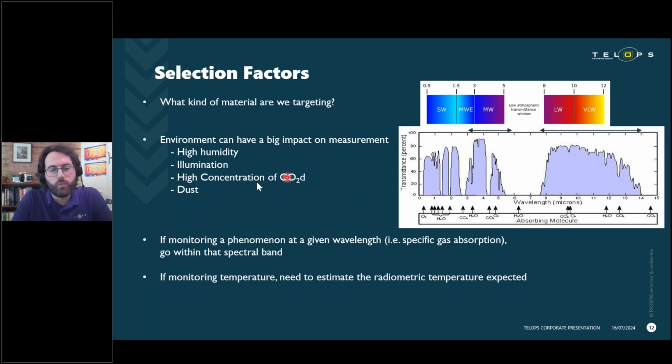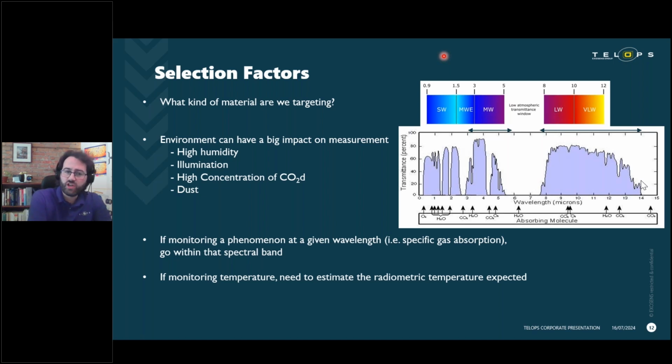When you select an infrared camera and the spectral band dedicated to that camera, you have to understand what kind of material you are targeting and what environment you're doing the measurement in. If you have high humidity, a high concentration of CO2 and dust, that can impact how well you can see your target through that atmosphere. Mid-wave typically will see better in those conditions compared to long wave.